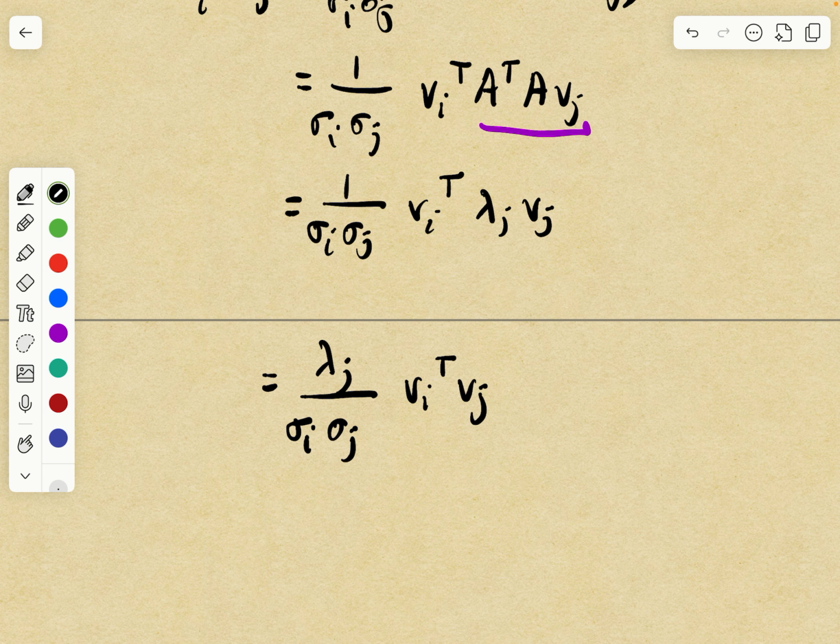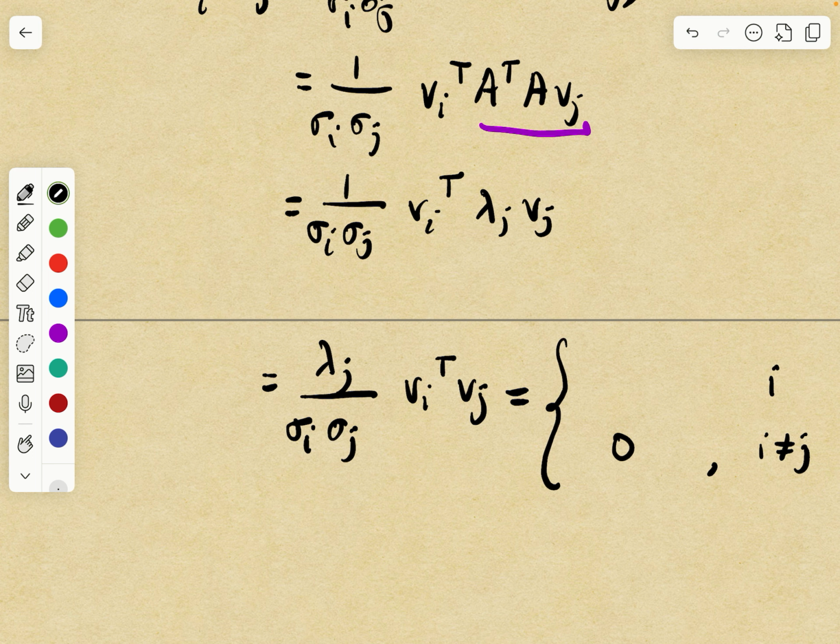Now what is this going to equal? Well, if i is not equal to j, by the way we defined the Vi's, we defined these Vi's to be orthogonal to each other. So what's Vi transpose times Vj? It's 0, because these vectors are orthogonal to each other.